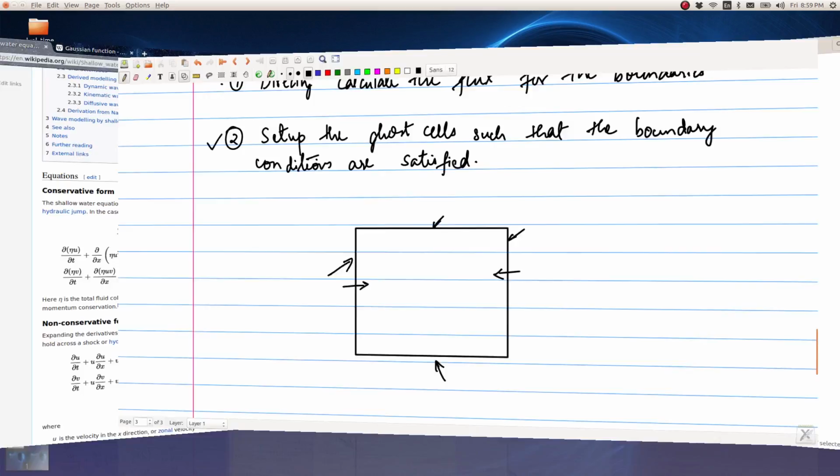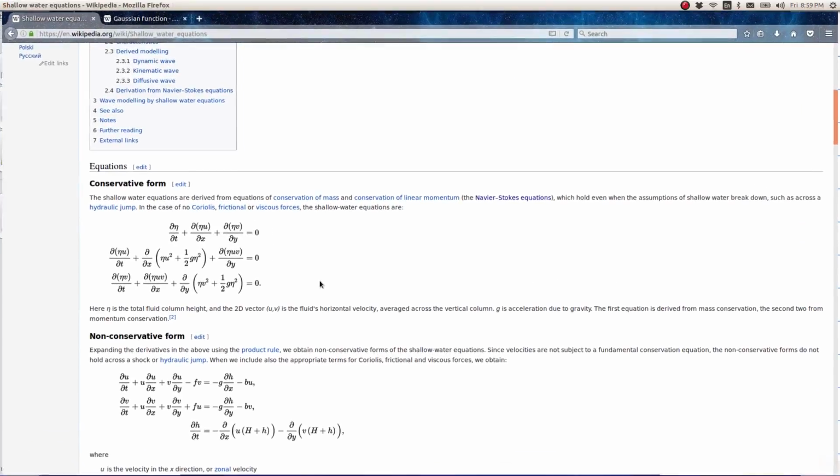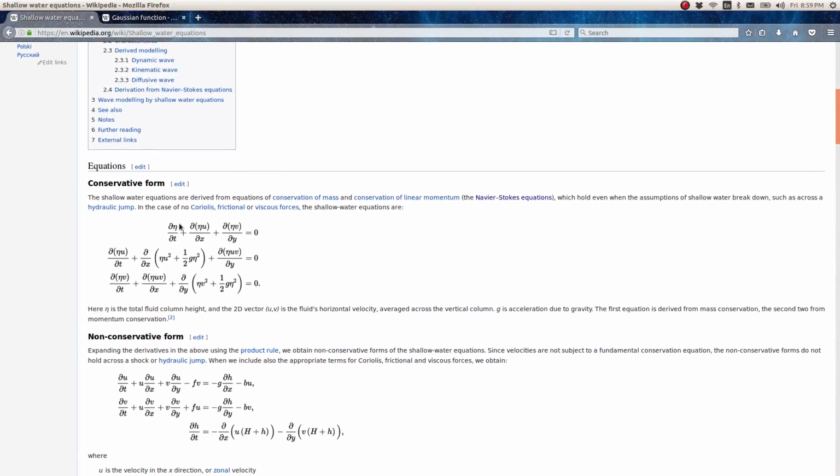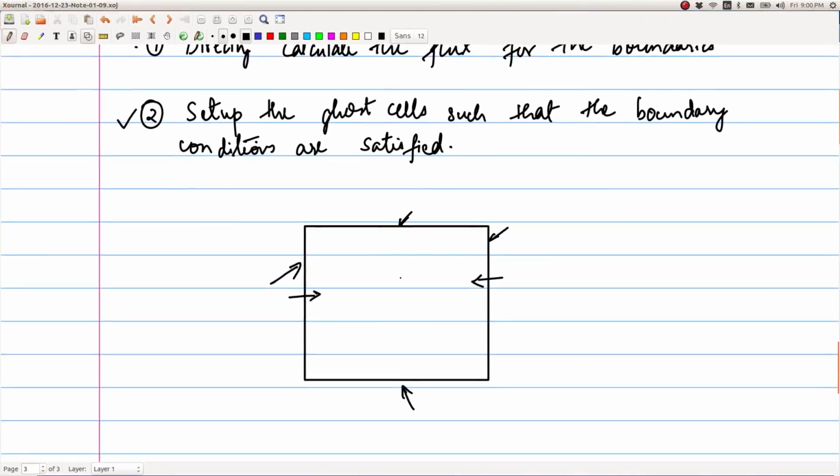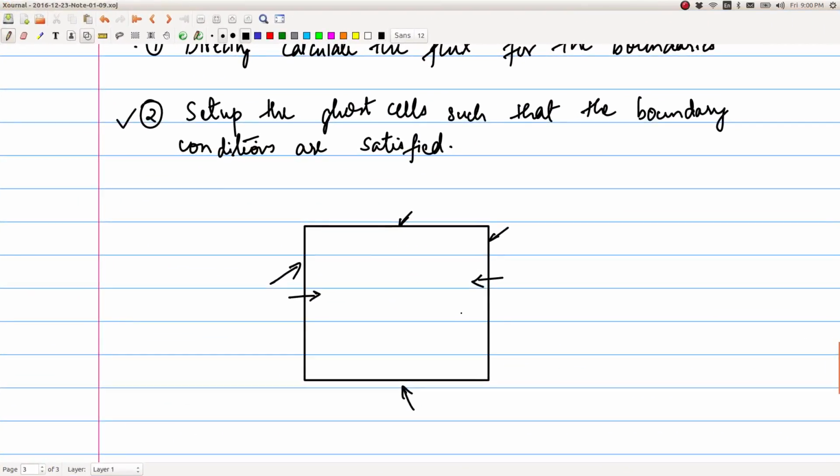So if you look at the shallow water equations, for example, we have these three, that is hu squared plus half g h squared, and huv, as the flux vector for F, and similarly we have a flux vector for G. So at the boundaries, for example for the vertical walls, if you assume these to be walls, then the perpendicular component of velocity is 0.